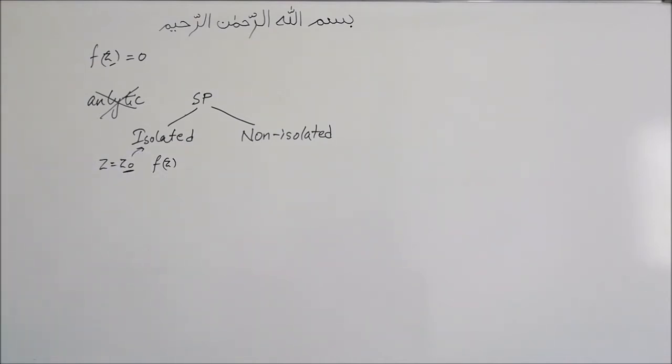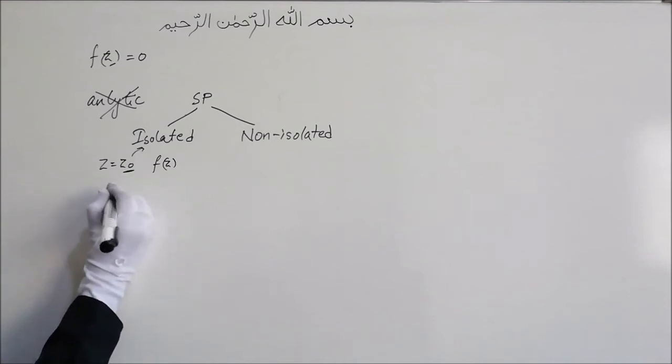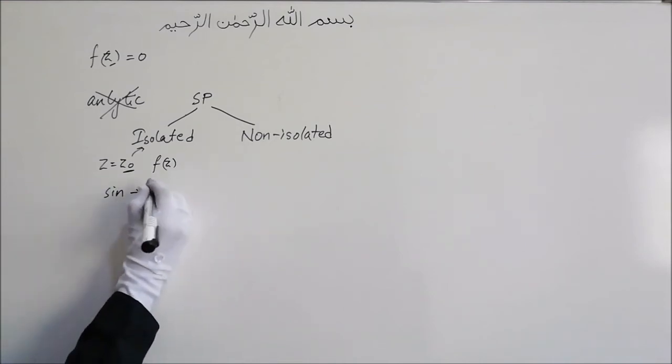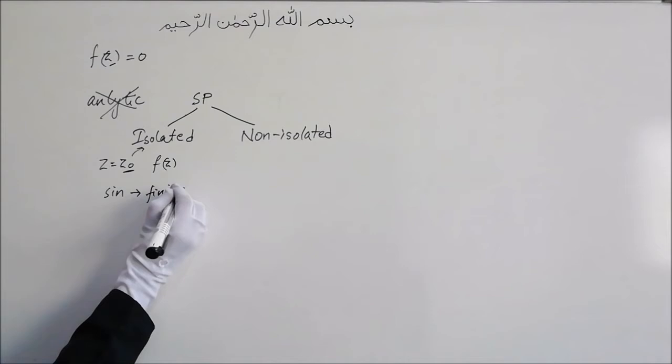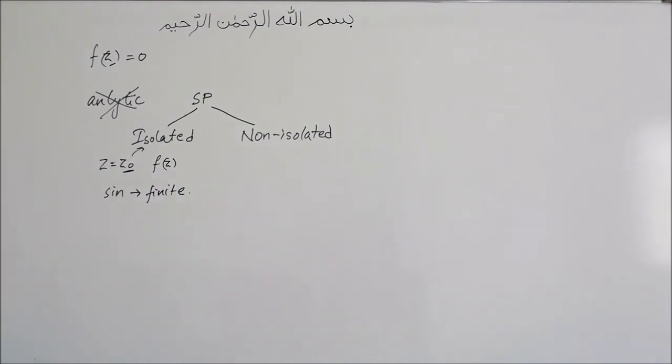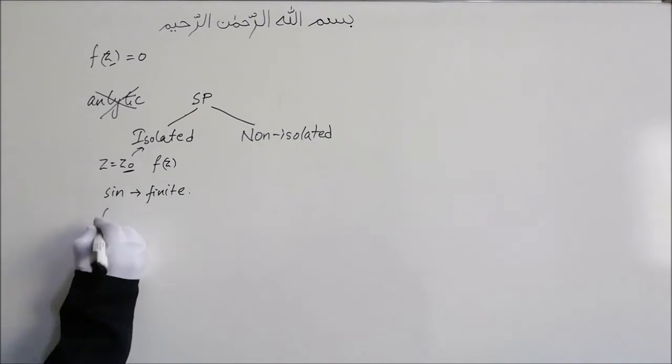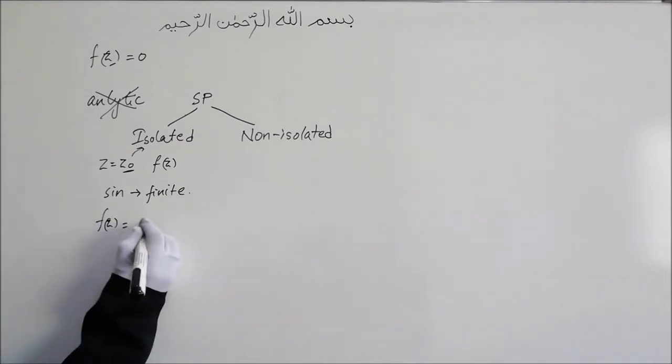In other words, if the condition of singularity is satisfied by only a finite number of points, then those points are called isolated singular points. For example, let's consider the function f of z equal to 1 by z into z minus 1.